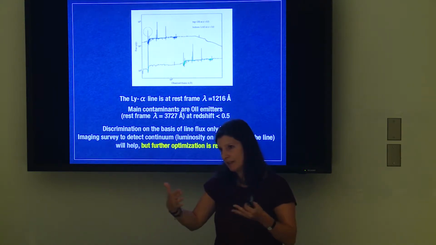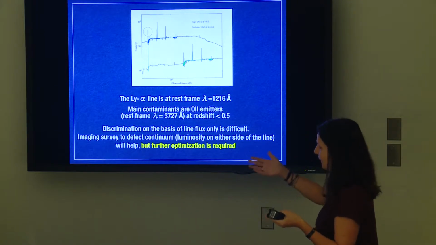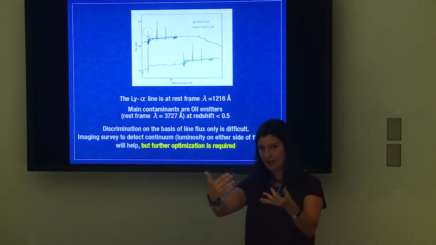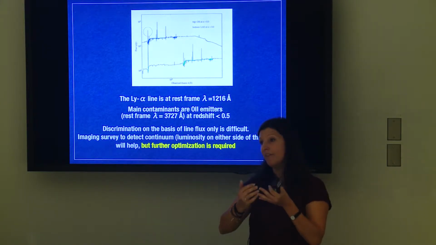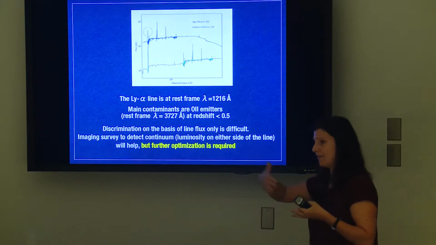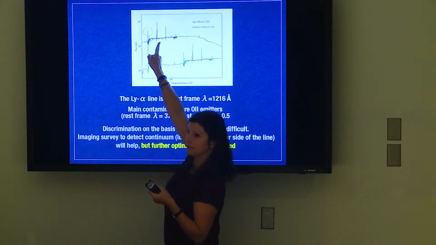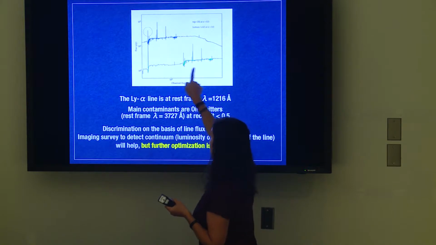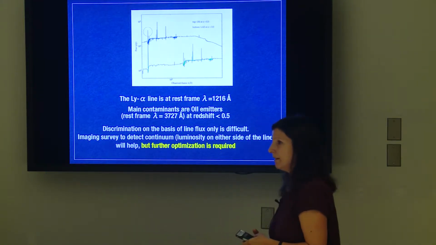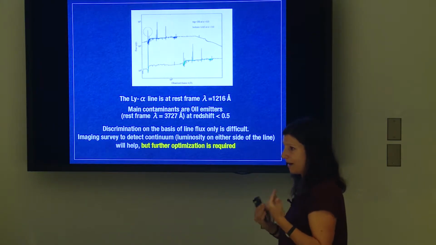The apparent brightness of an object varies with the inverse of the squared distance, and so things that are farther away, of course, will appear dimmer. So rather than just the line, we can also measure the continuum, and this gives us some information on whether the galaxy is nearby or far away.